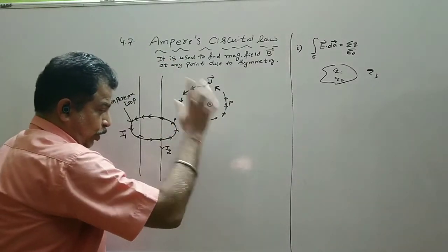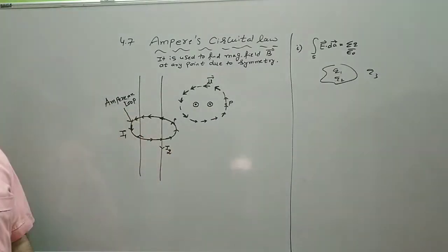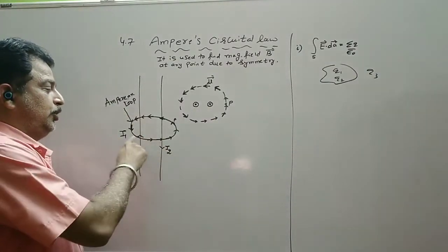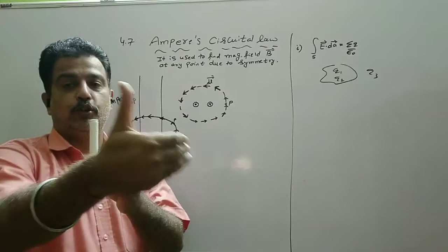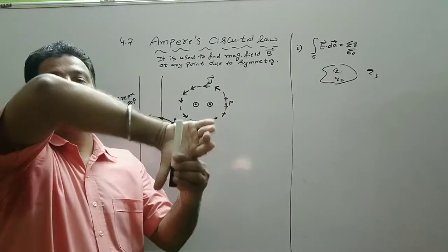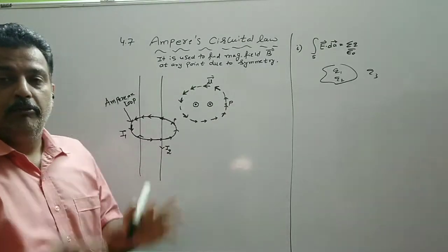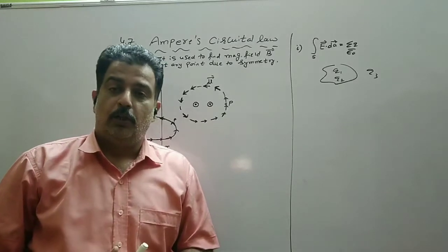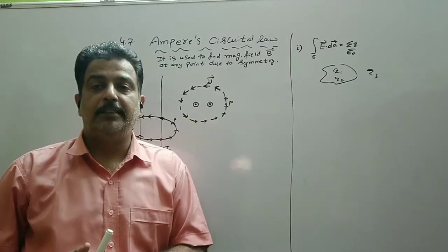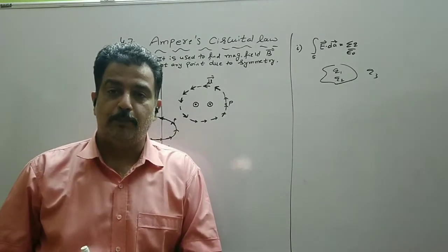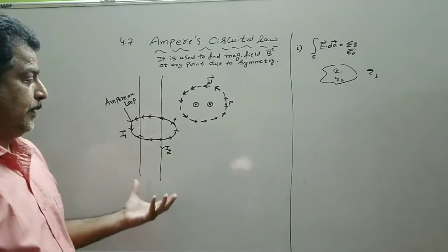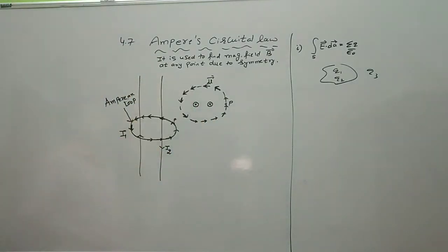This dot and cross represent the current. The magnetic field due to this wire was going inward. Due to this wire it was coming out. We have to find out the magnitude of the magnetic field intensity. Then you can apply the superposition principle, or directly from the Ampere Circuital Law we will find out the magnetic field intensity.